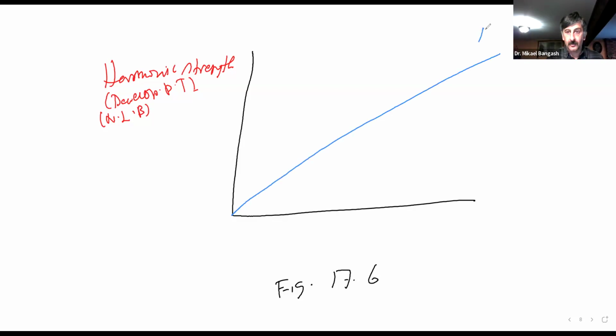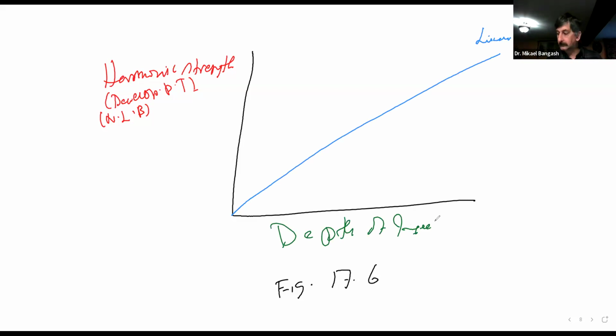Had there been a linear behavior between the strength of the harmonics related to the depth of the image, or let's say just the depth. Did you guys get that? Yes.